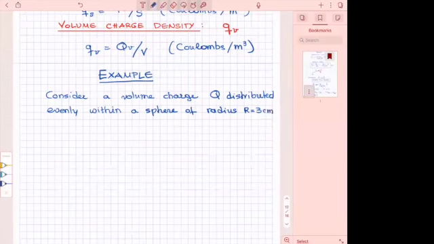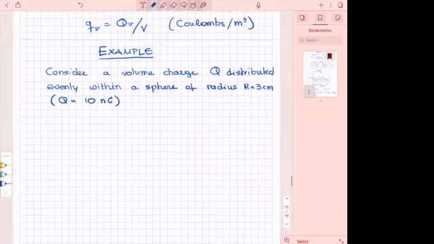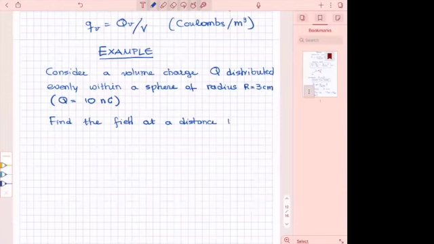And let's assume that Q is 10 nanocoulombs. We want to find the field due to this charge at a distance r equals 6 centimeters from the center of the sphere.